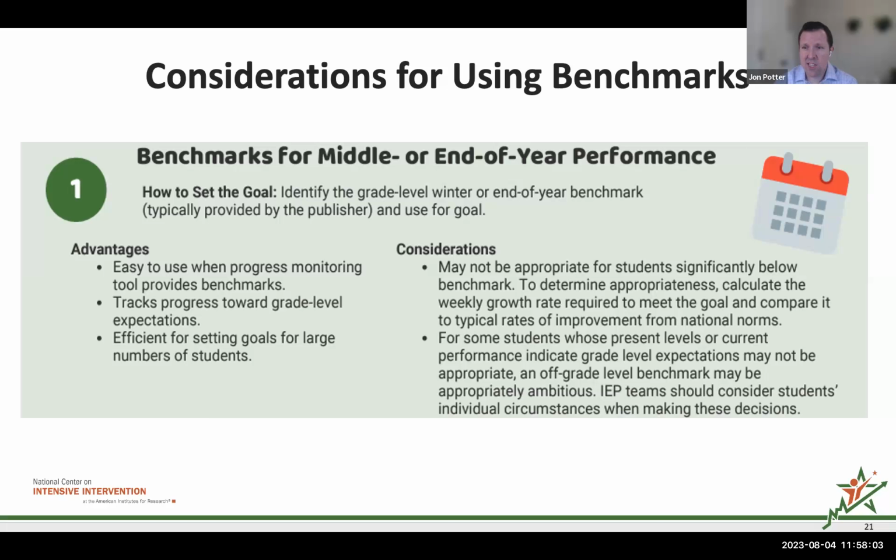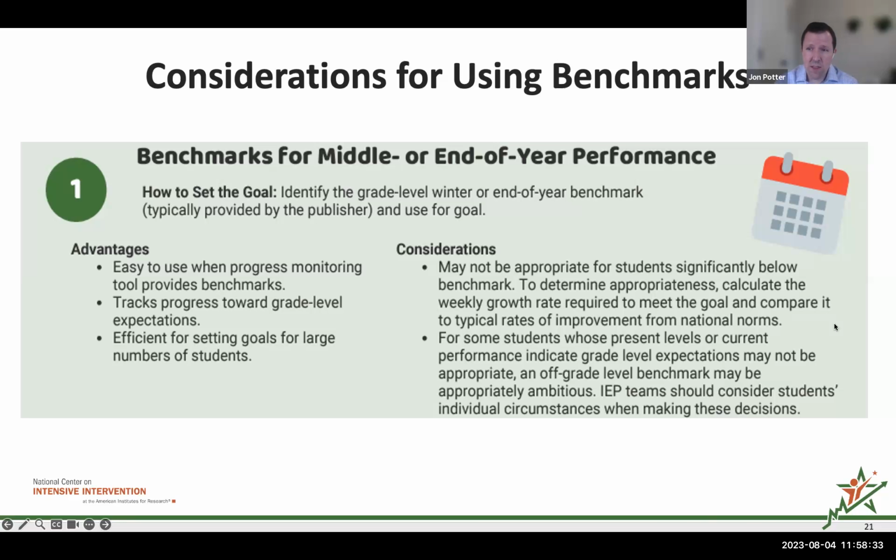If we're expecting a kid to grow 4 or 5 words correct a week, that's a real steep ask and may not be realistic. You may be setting expectations too high, causing the teacher to get frustrated and the student to get frustrated because they can't meet that goal. So for some students, setting goals that are off grade level or more individualized may be more appropriate.